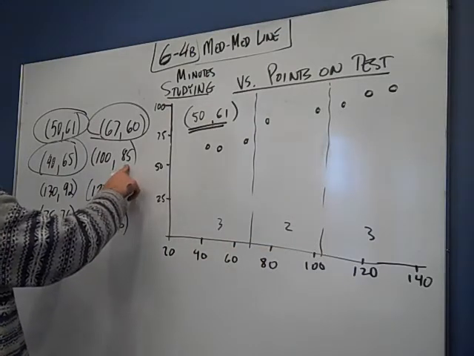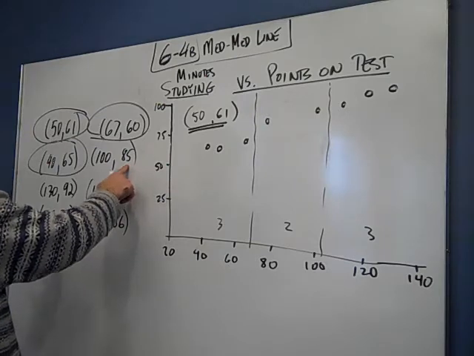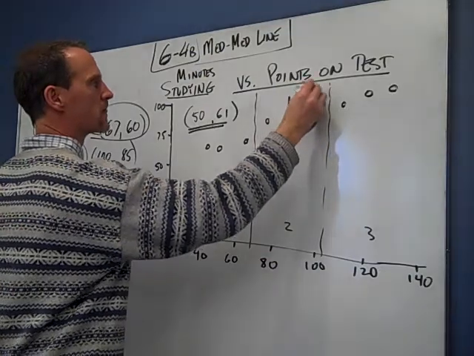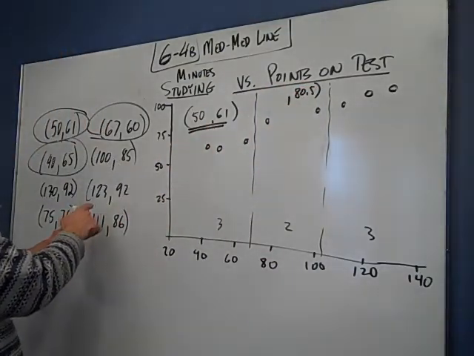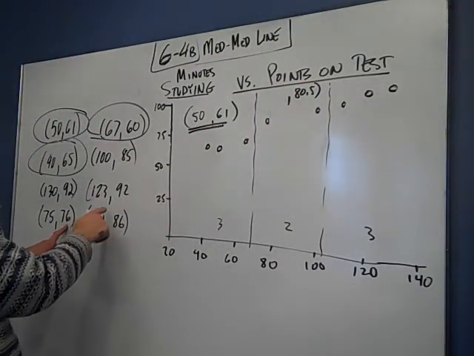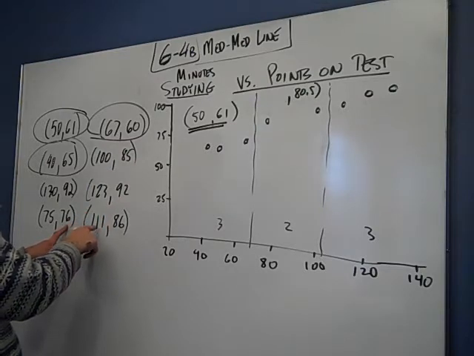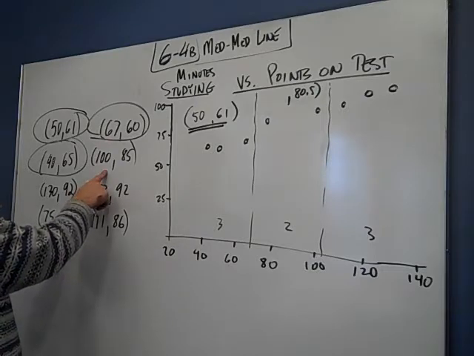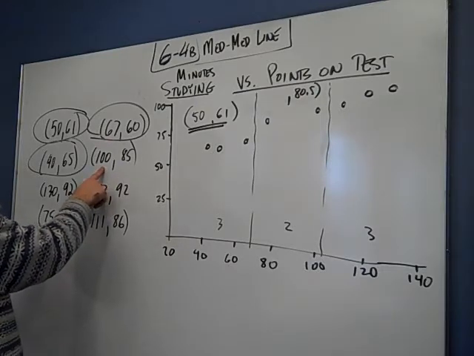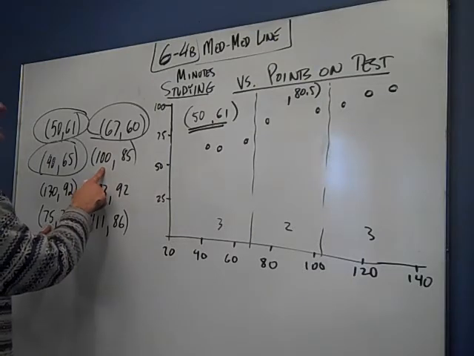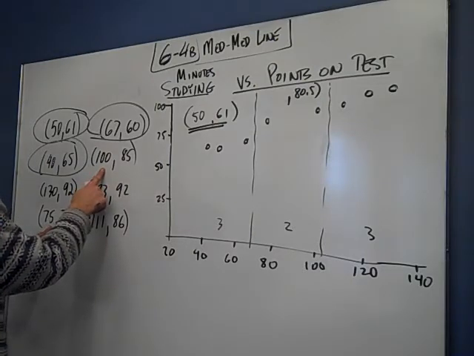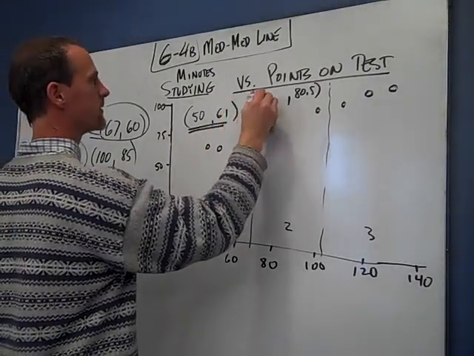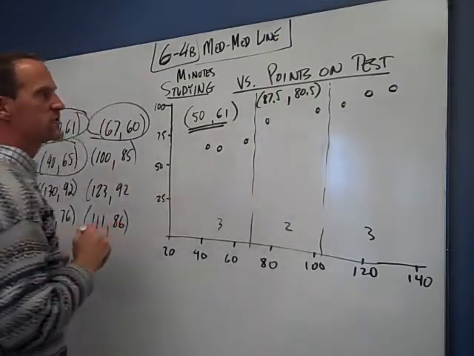So the average of 76 and 85 is going to be 80.5, and then my average of the x's between 75 and 100 is going to be 87.5. So not pretty numbers, we can handle those decimals.